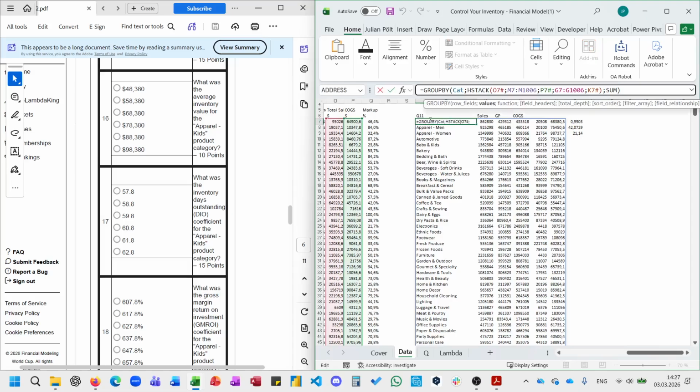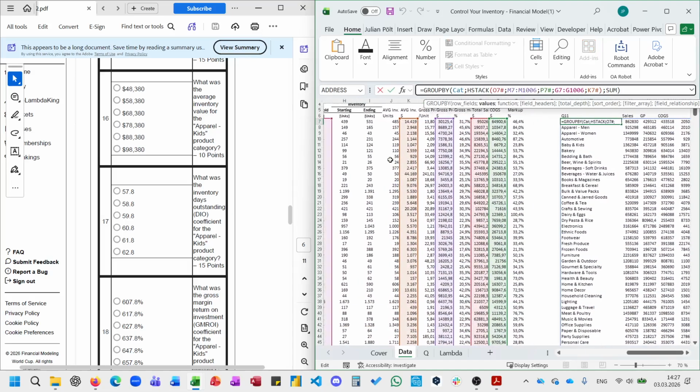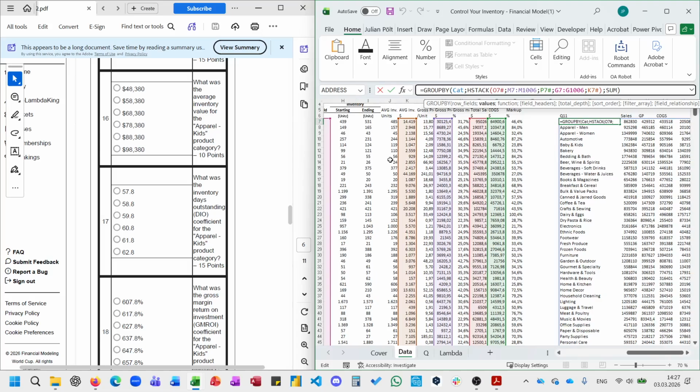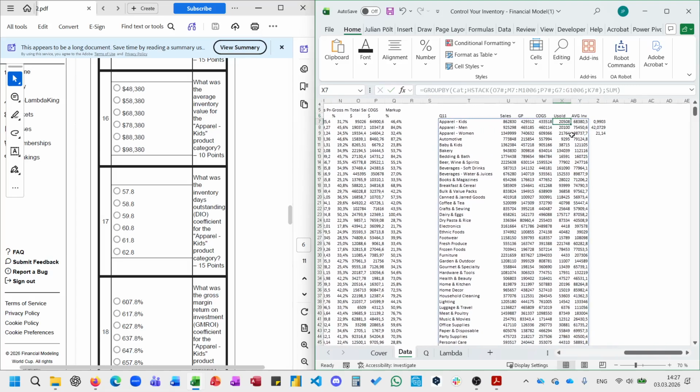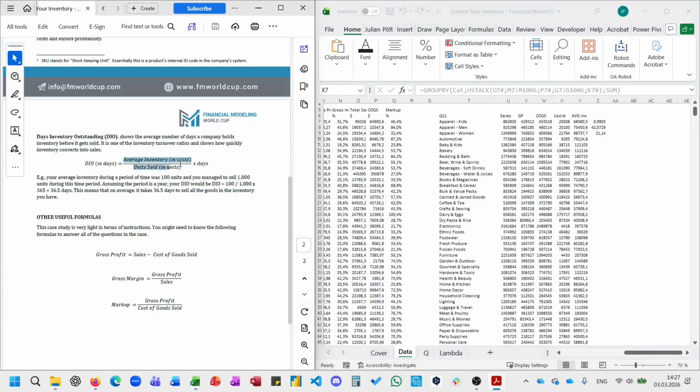Okay. We don't have the average. We have the average inventory. It's the last. Okay, inventory. This is units sold. And we can thereby do average inventory divided by units sold times 365. No, something wrong.